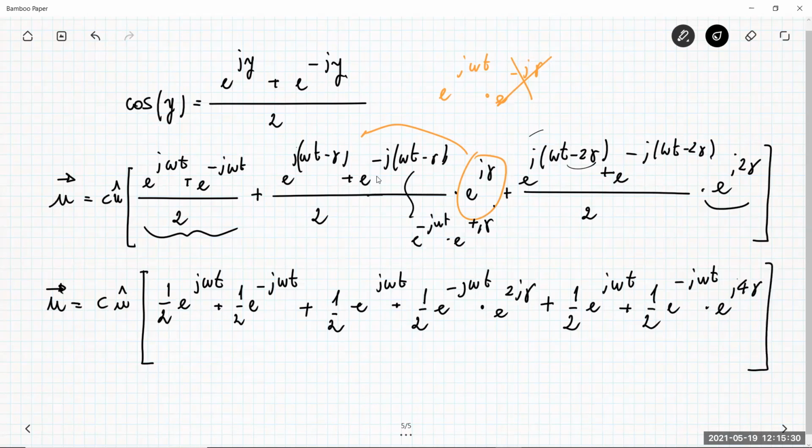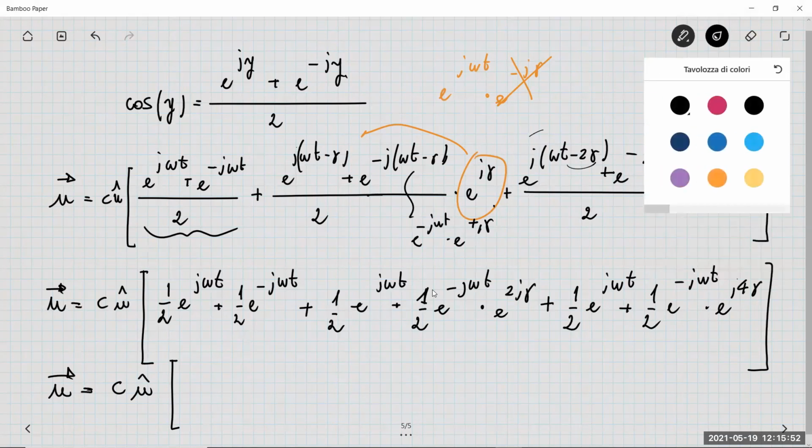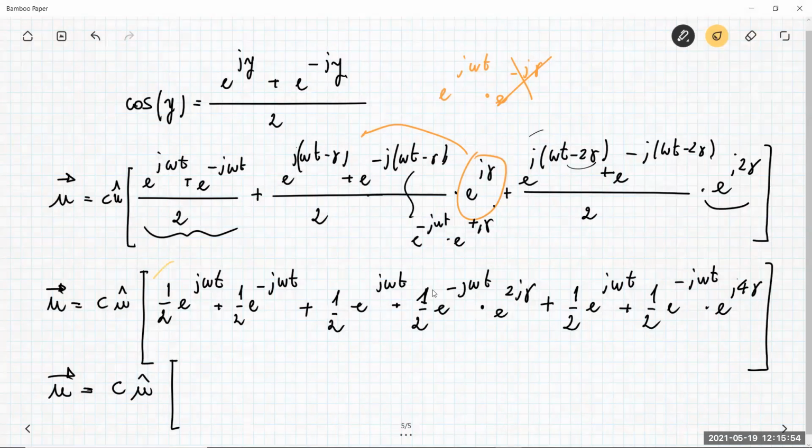Okay. Check my steps because it would be possible that I missed something, or chose the wrong sign, etc. So pay attention. Now, just sum all the similar terms. For example, I have here one half exponential of j omega t.